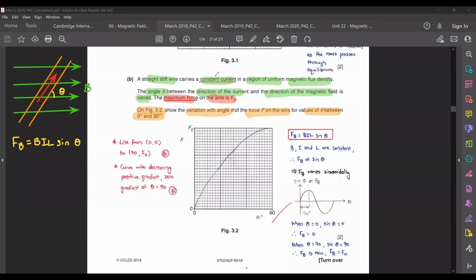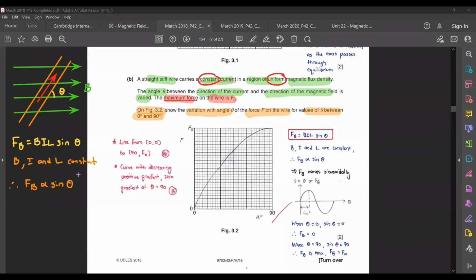You have constant current and a uniform magnetic flux density. You could also assume that the length of the wire inside the field is constant. So now you can say that B, I, and L are constant. Therefore, magnetic force is directly proportional to sine theta.